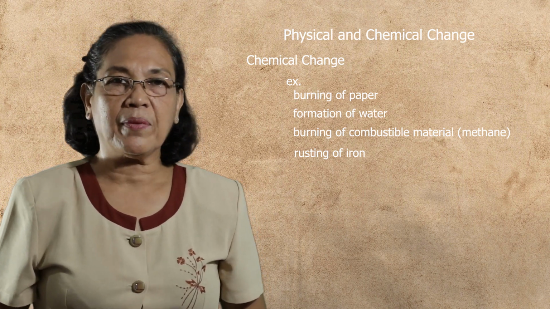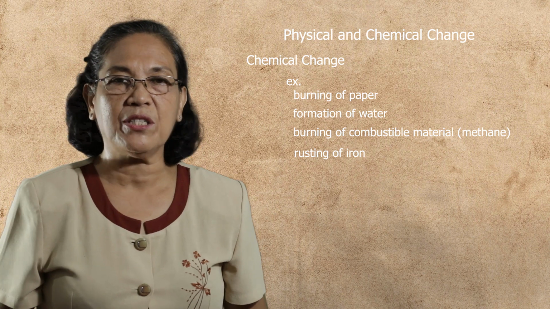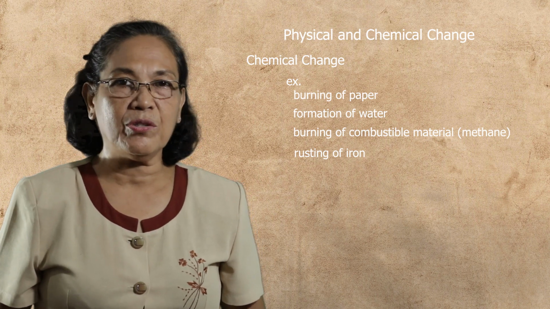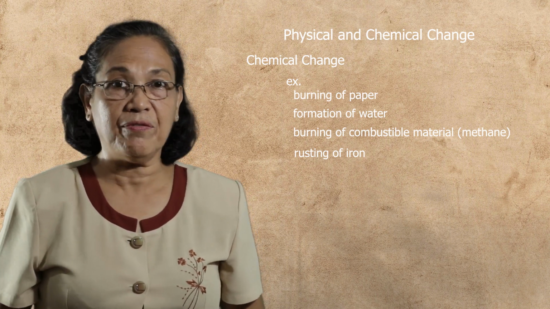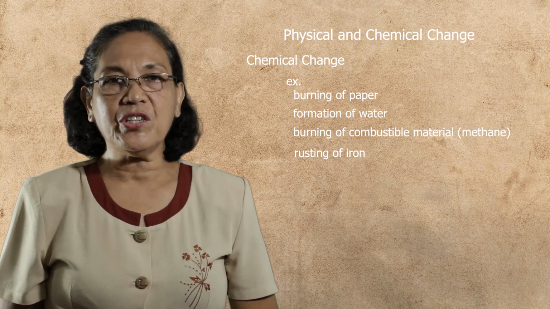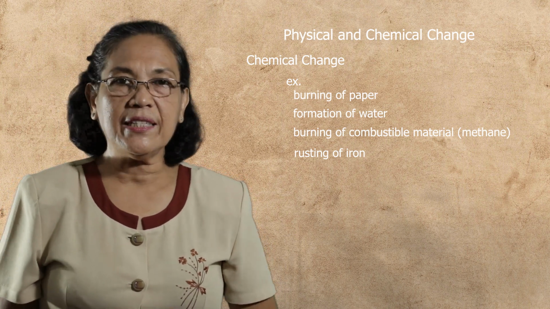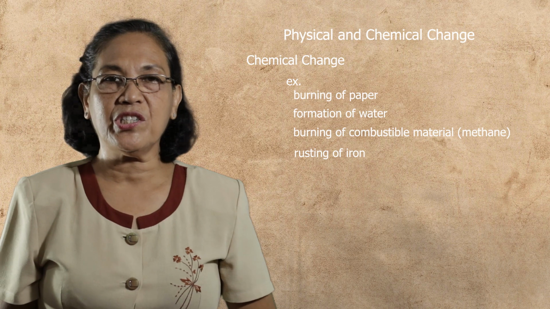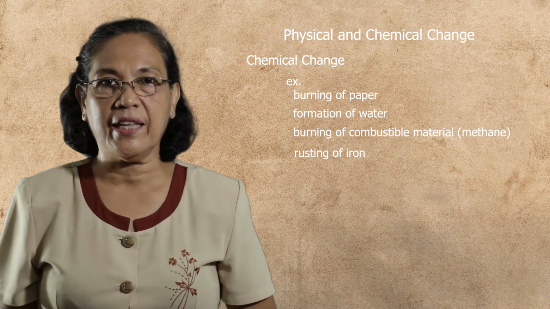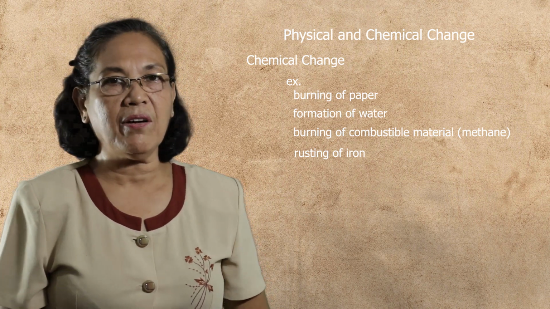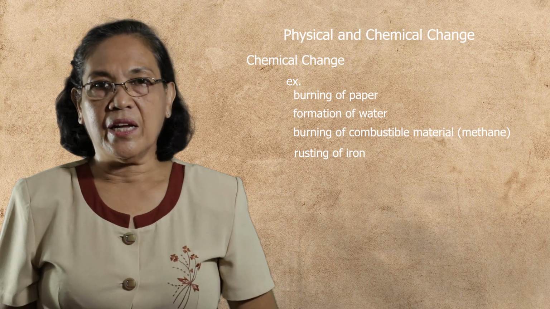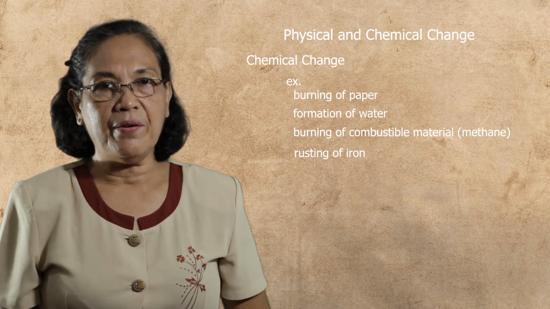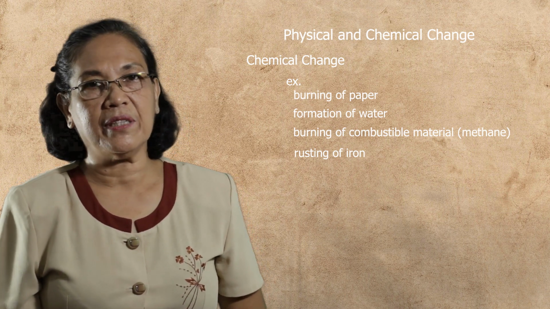That means, before the ferric oxide is formed, ferrous oxide is first formed. The reaction goes on until the higher oxidation state of iron is attained. So, the ferric oxide, which is commonly known as rust, is formed.